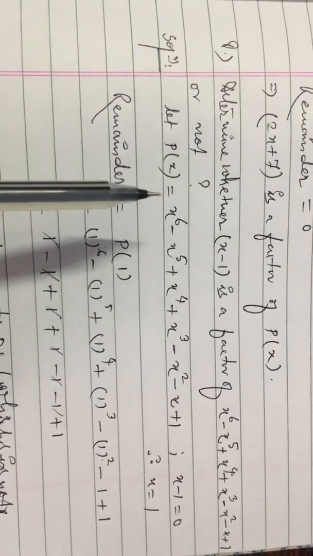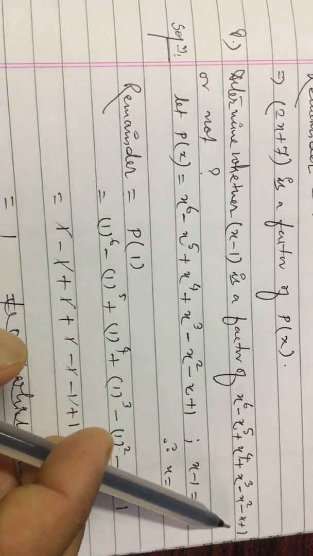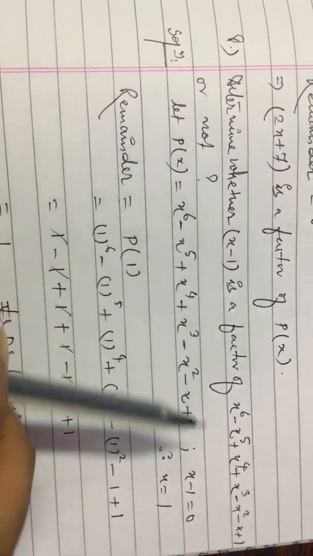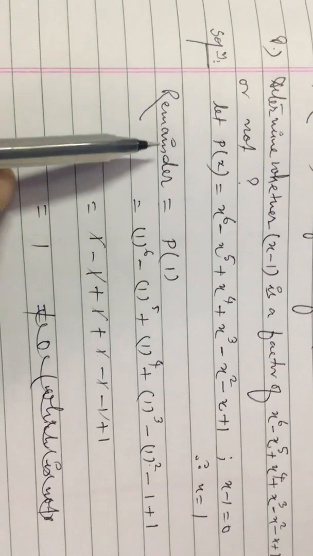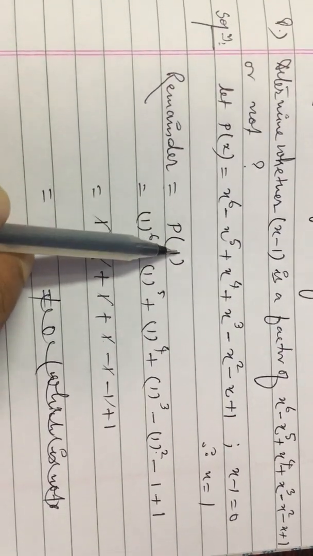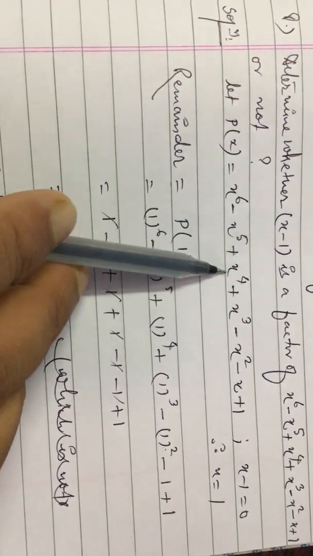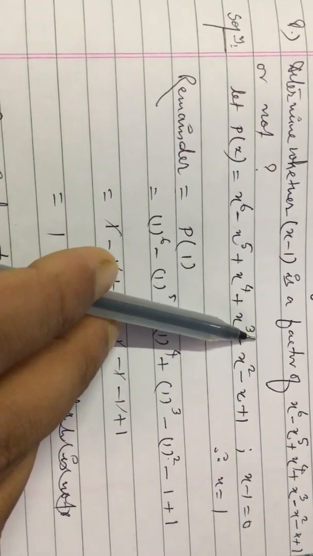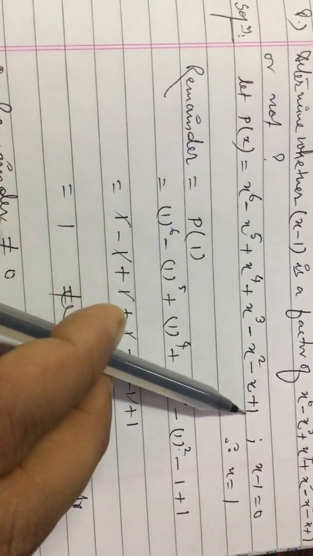So now see, follow the same process. Suppose this polynomial as p(x), and x minus 1 is equal to 0. So x is equal to 1. So find the remainder. Remainder is equal to p(1): 1 to the power 6, 1 to the power 5, 1 to the power 4, 1 to the power 3, 1 to the power 2, minus 1 plus 1.